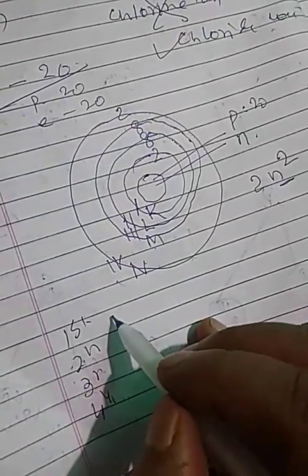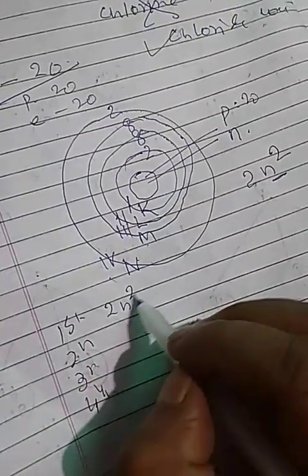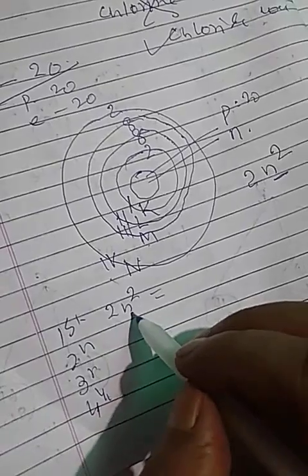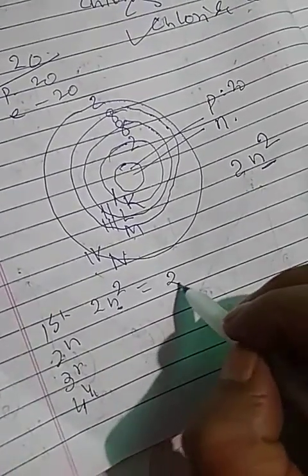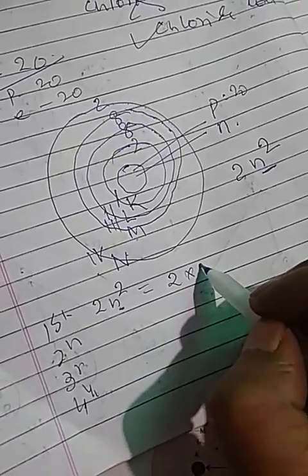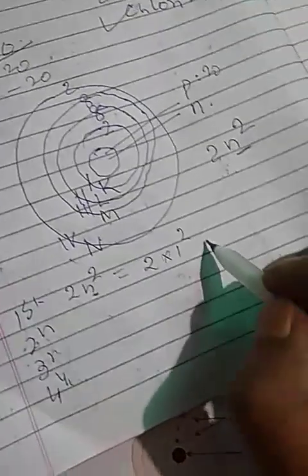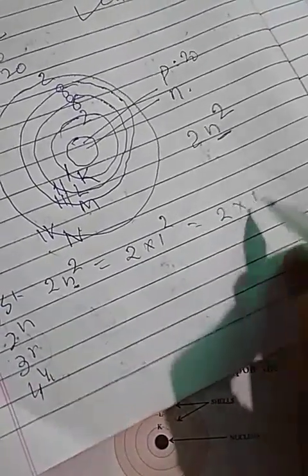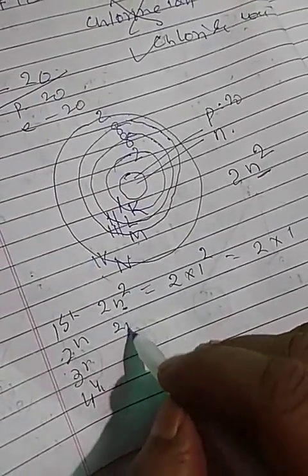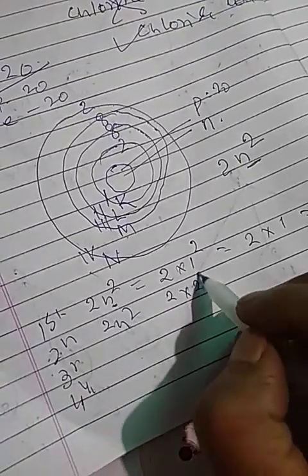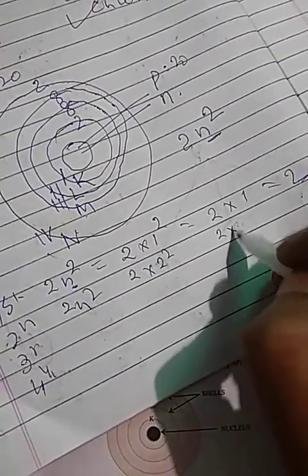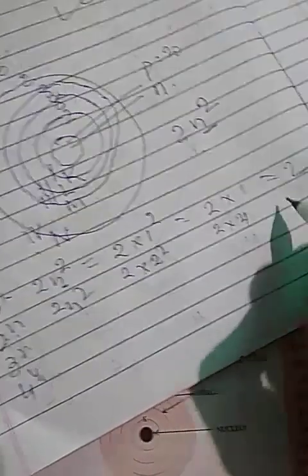In the first cell, number of cell is 1, so distribution of electrons will be 2 into 1 square, which is 2 electrons. In the second cell, 2 into 2 square means 2 into 4, will have 8 electrons.